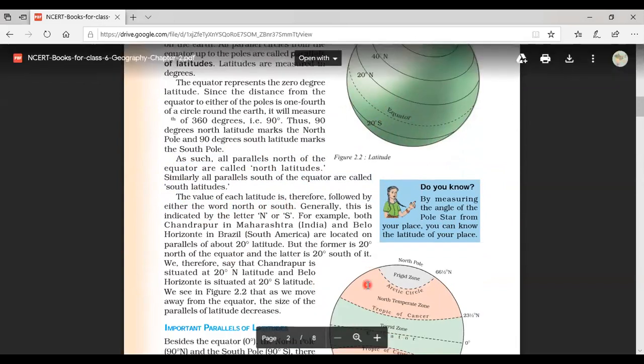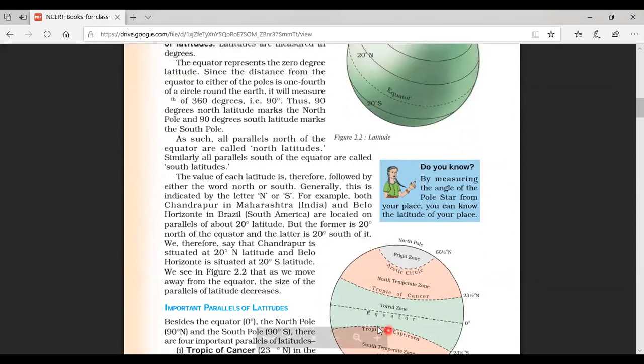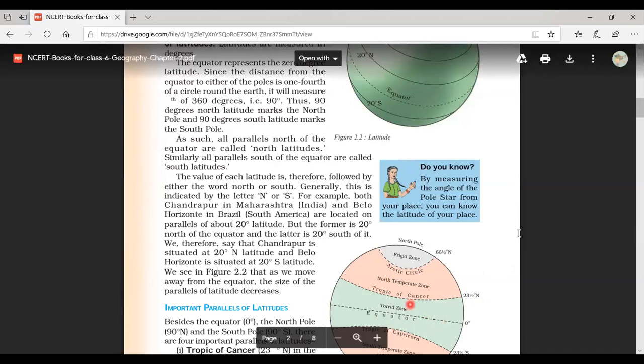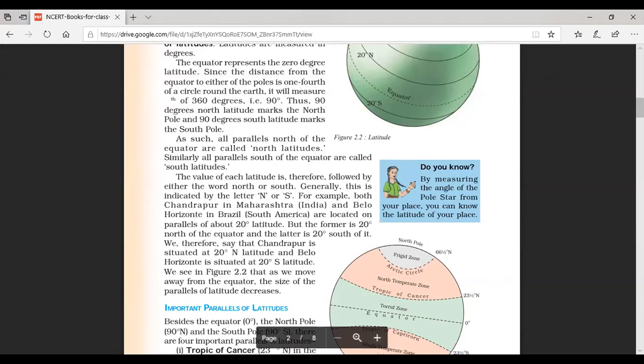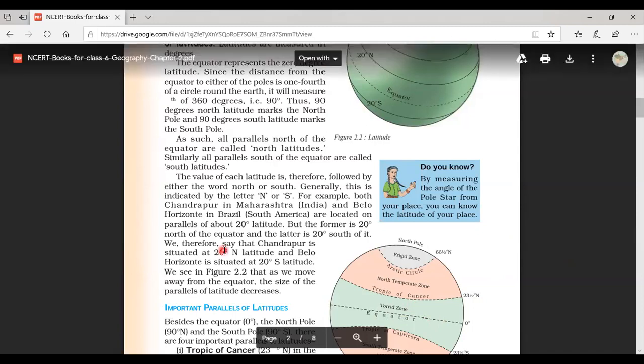The latitude would either lie in the northern hemisphere or in the southern hemisphere. If it lies in the center, it's the equator. If it lies in the northern hemisphere, we represent it by N, and if it lies in the southern hemisphere, we represent it by S. Is this much clear?